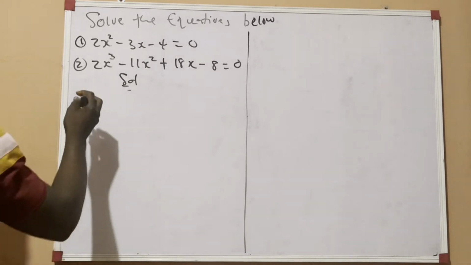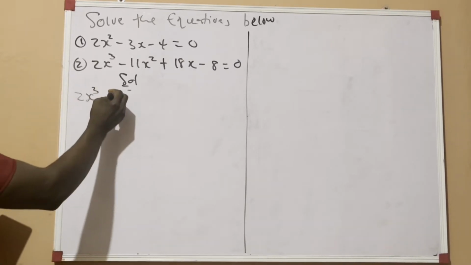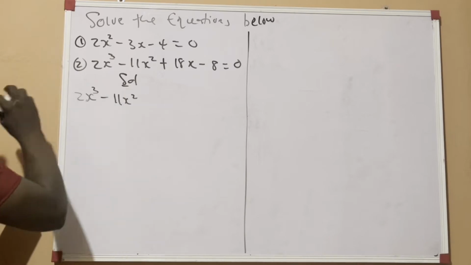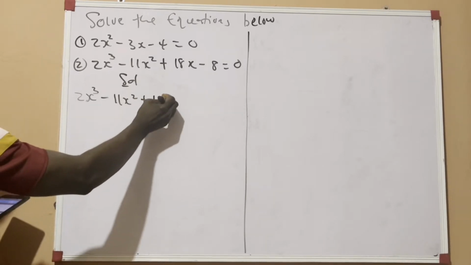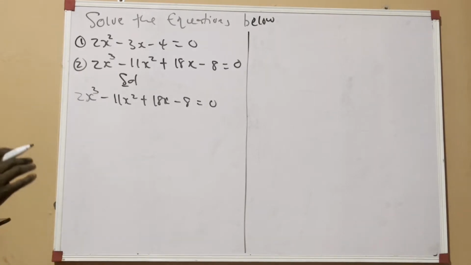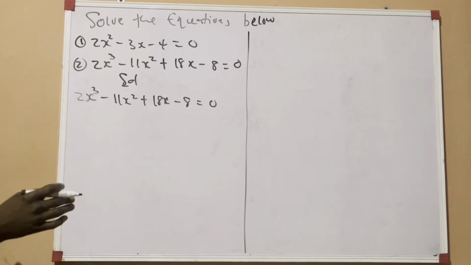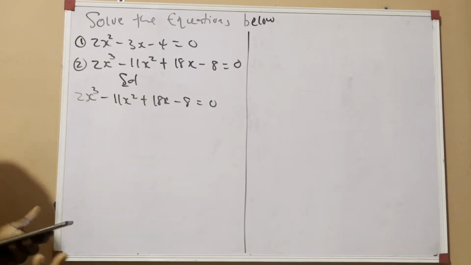Now we have 2x cubed minus 11x squared plus 18x minus 8 equal to 0. So here we are going to be getting 3 answers for x. But first of all, let us express this as a function of x.